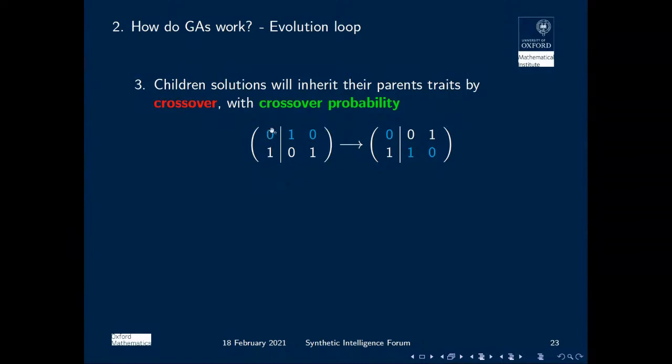So here we have our two parents, and the crossover will essentially choose a crossover point at any location of this sequence. It could be here, it could be here, it could be here, it could be here. It's all random. This is called the uniform crossover, although, of course, you have different variants of crossover. But here, we just have a uniform random crossover. So we're just going to slice our sequences, and we have just decided to slice them here.